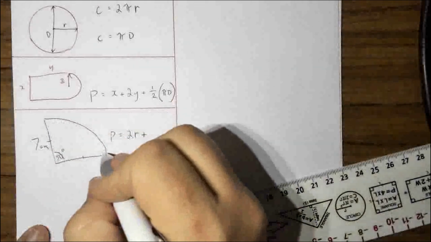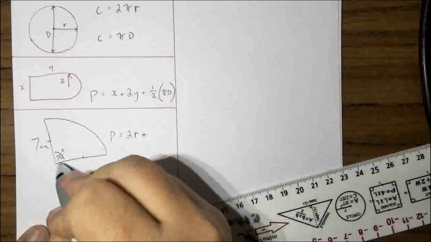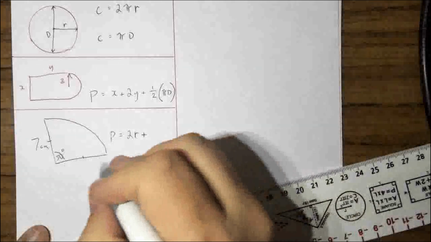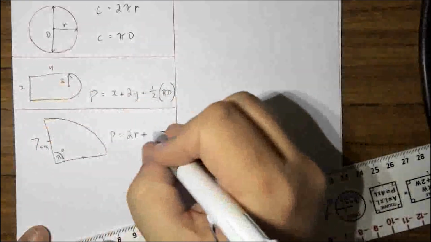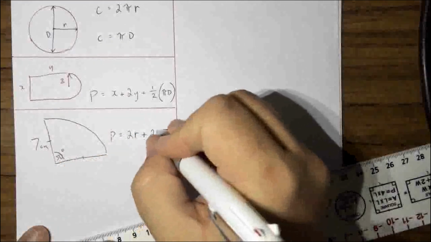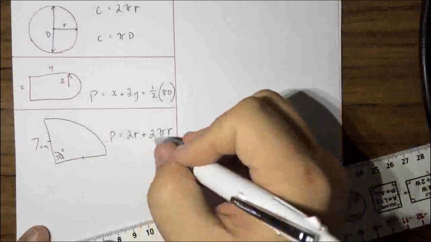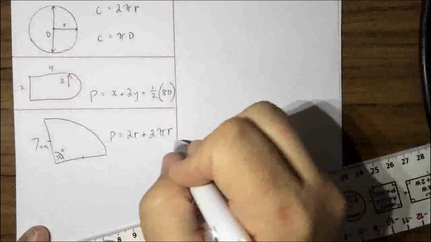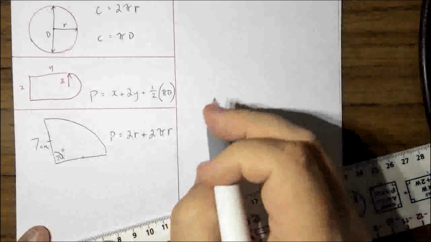But how do you figure out this bit if you've only been given 50 degrees? Well, we know that the whole circle would be, well, we've got a radius, so we'll use that, 2 pi r. But we don't have a whole circle. How much of the circle do we have? Well, we've got 50 degrees out of the circle.